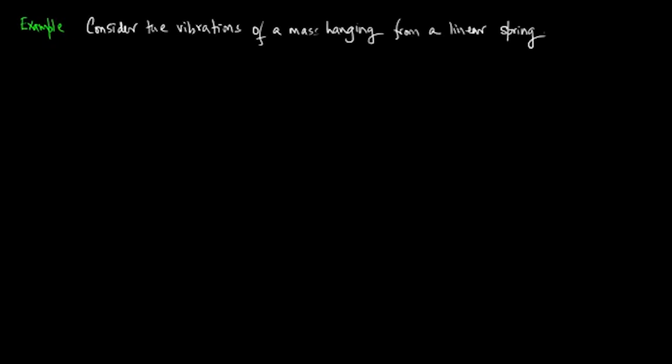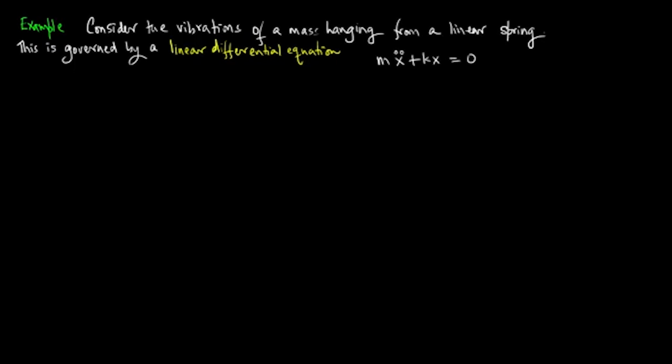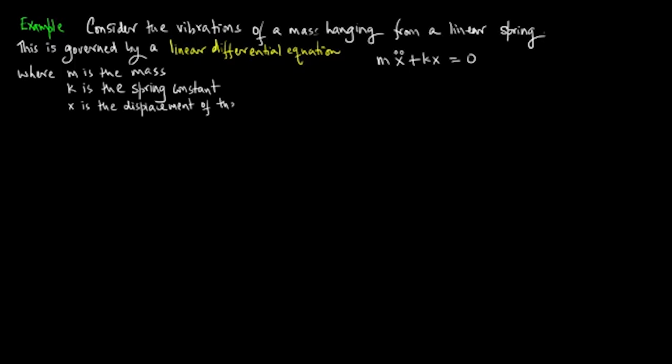Let's consider an example. Let's consider the vibrations of a mass hanging from a linear spring. This is governed by a linear differential equation, m x double dot plus kx is equal to 0, where m is the mass, k is the spring constant, and x is the displacement of the mass from equilibrium.